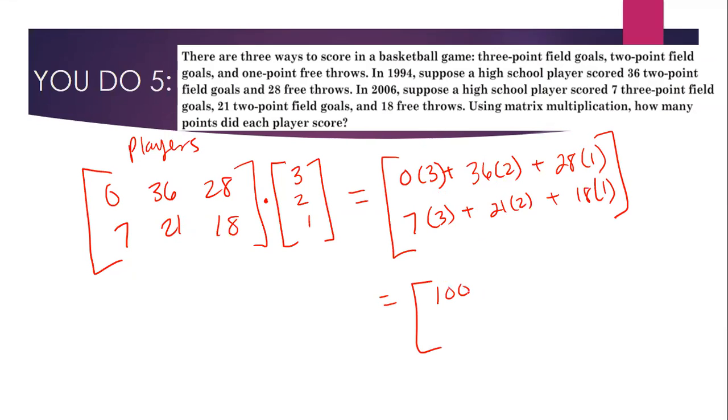That gives us 100, right? Then we have 21 plus 42 gives us 63. And then plus 18 gives us 81. So the player in 1994 had 100, and the player in 2006 had 81.